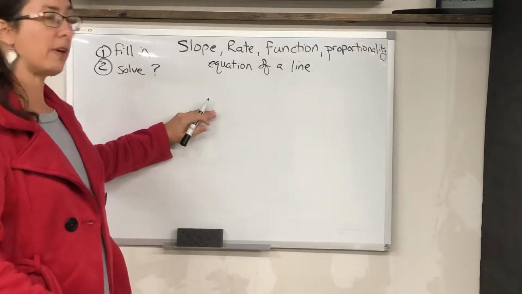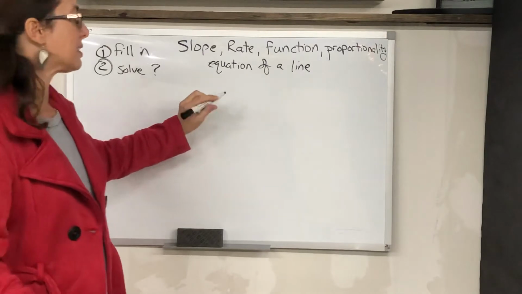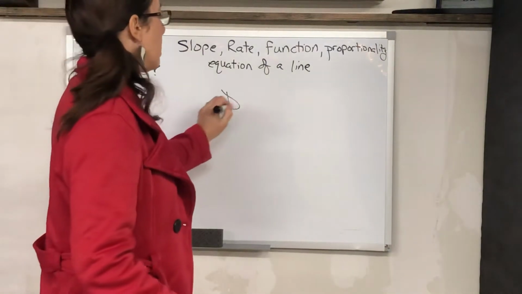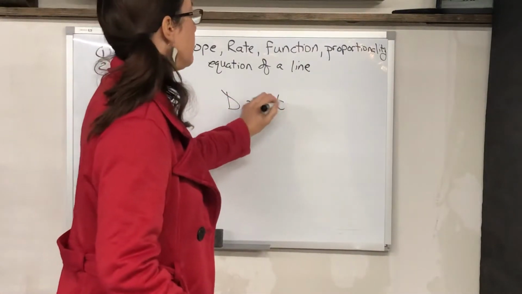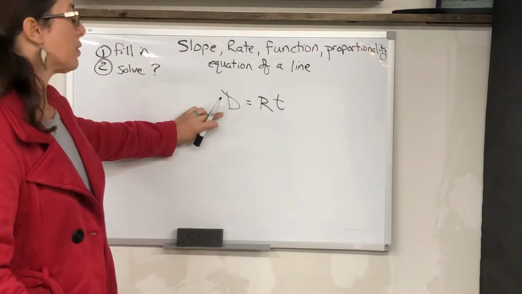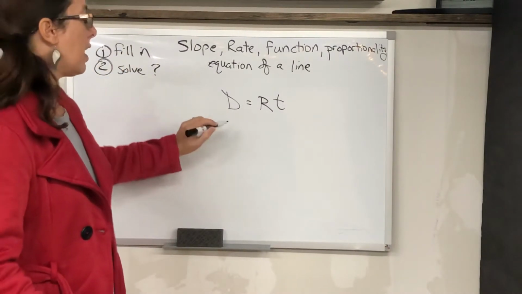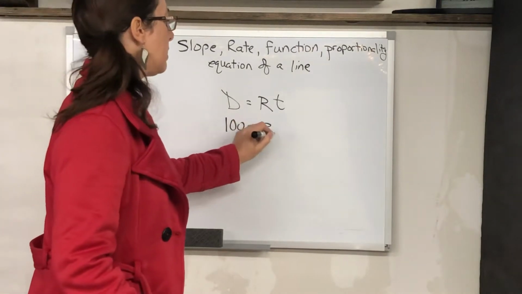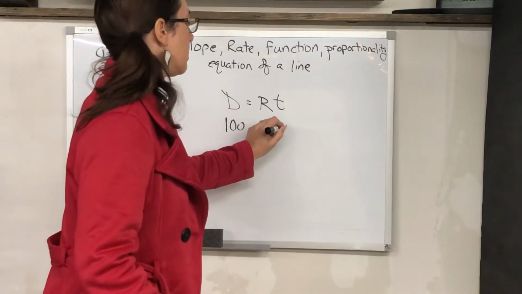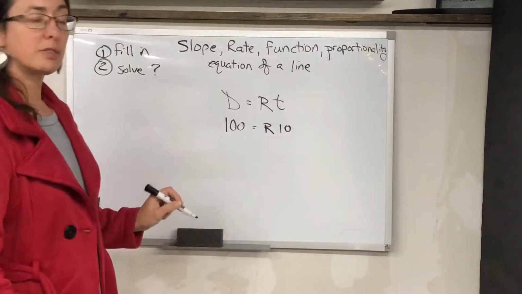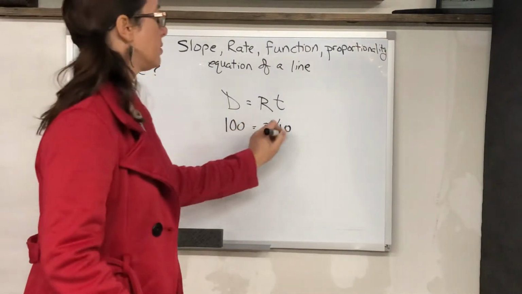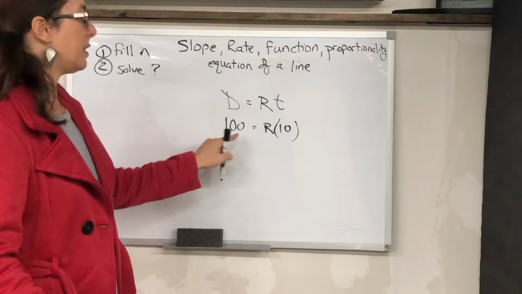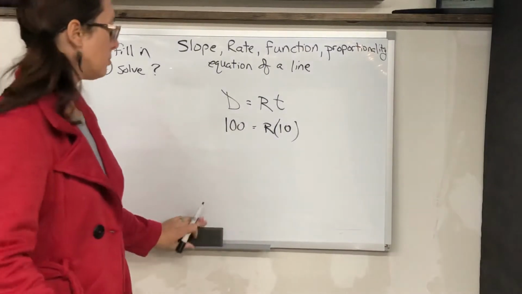You're not always solving for the answer that's alone, like in the distance equals rate times time. In this one, I could know distance. I could know that I drive 100 miles and it takes me 10 hours to go 100 miles, okay? So my rate is 10 miles an hour, okay?